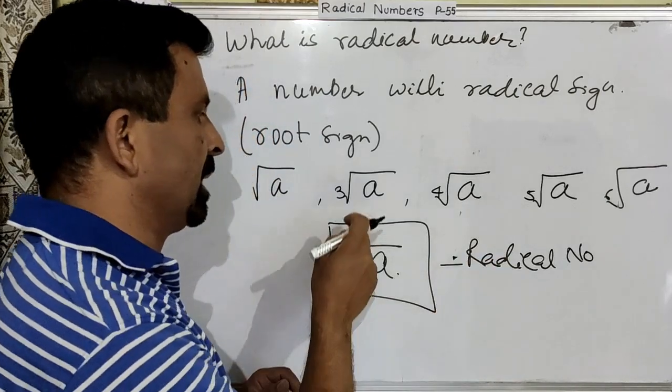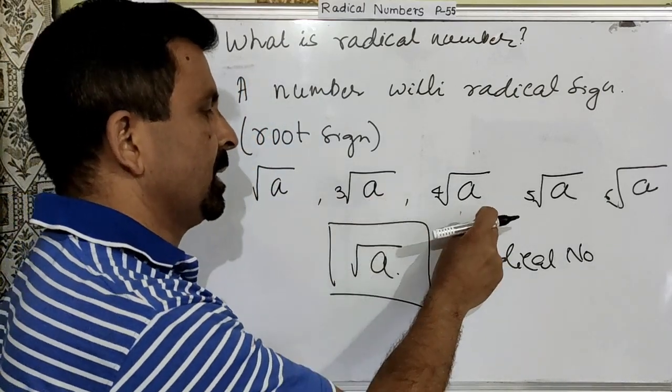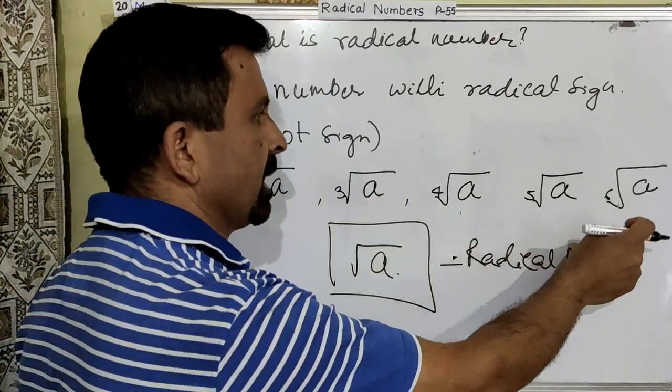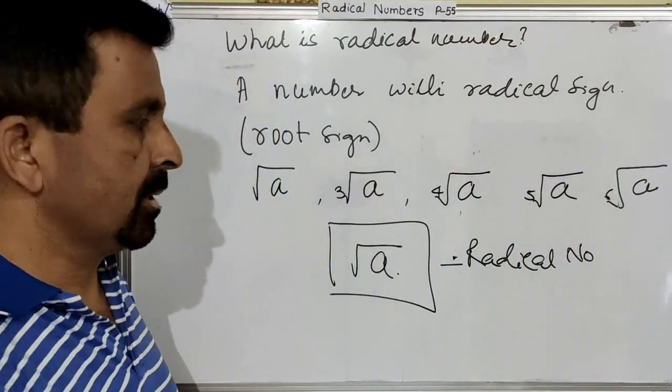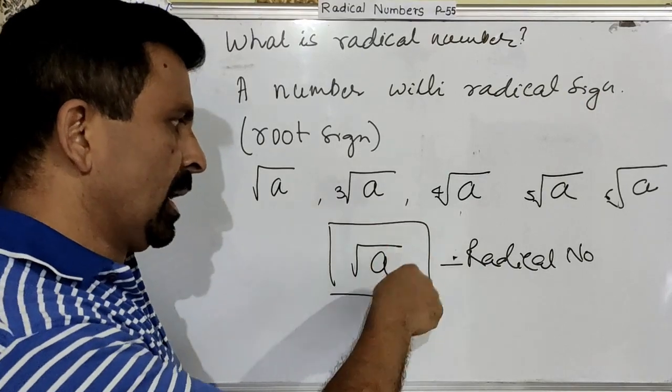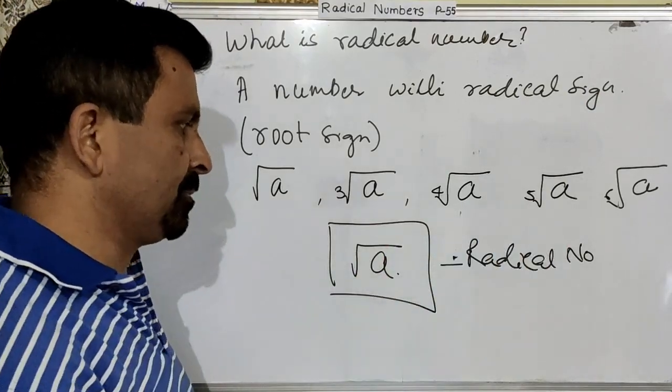This is one example. Similarly, this also is a radical number, and this, and this. So all these are radical numbers, as a whole.